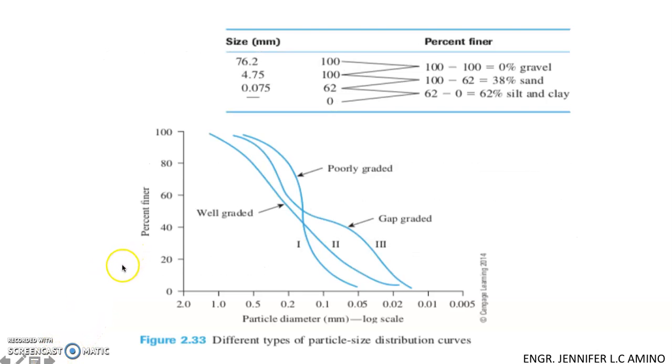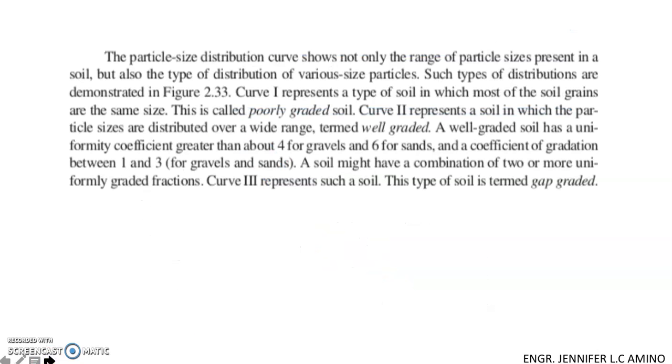So for this one, we have here the different types of particle size distribution curve. So for the particle size distribution curve, you just have to graph along the x-axis the particle size diameter, then along the y-axis the percent finer. How to obtain this one?